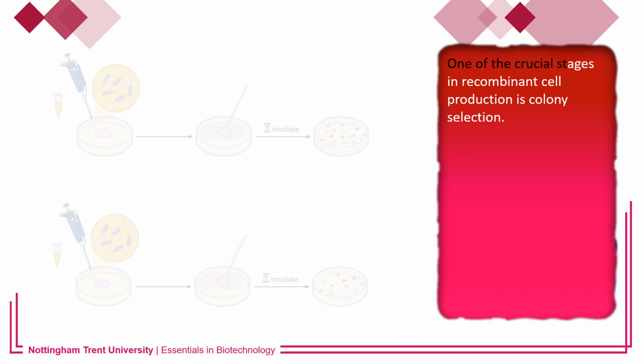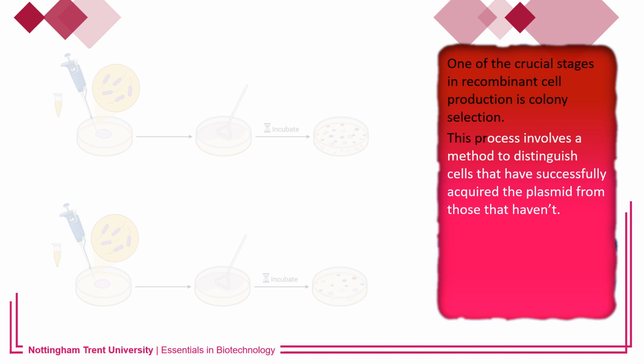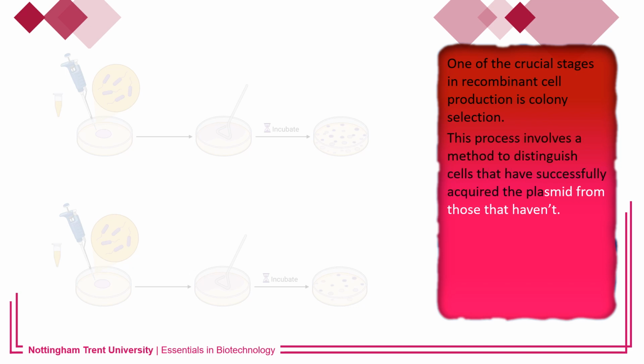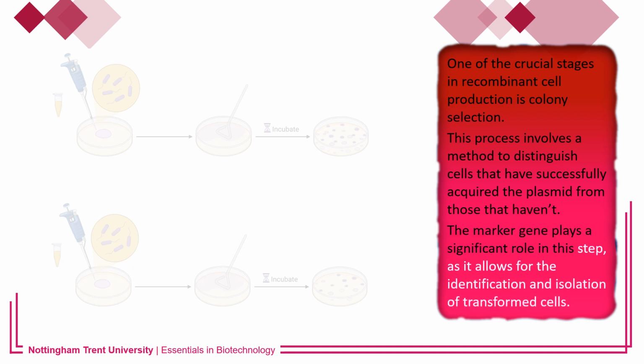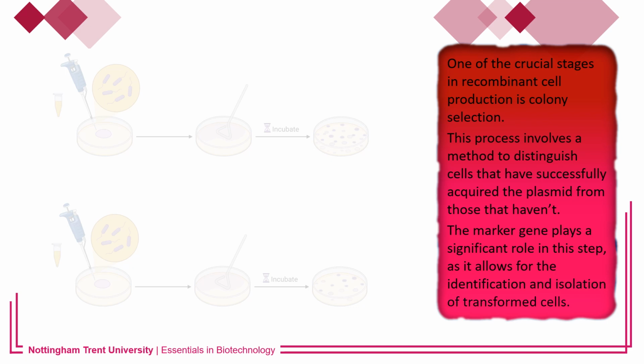One of the crucial stages in recombinant cell production is colony selection. This process involves a method to distinguish cells that have successfully acquired the plasmid from those that haven't. The marker gene plays a significant role in this step, as it allows for the identification and isolation of transformed cells.